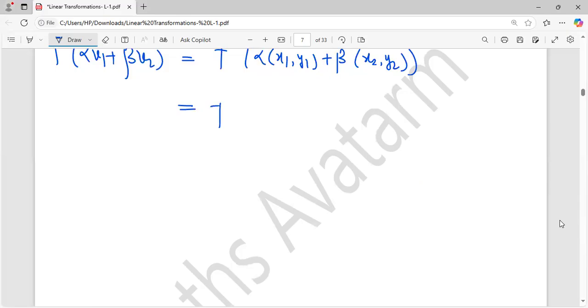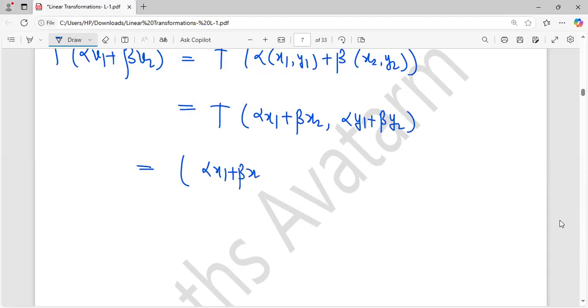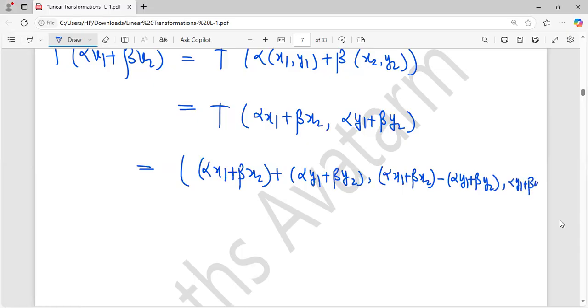So this is (alpha x1 + beta x2 + alpha y1 + beta y2, alpha x1 + beta x2 - alpha y1 - beta y2, alpha y1 + beta y2).